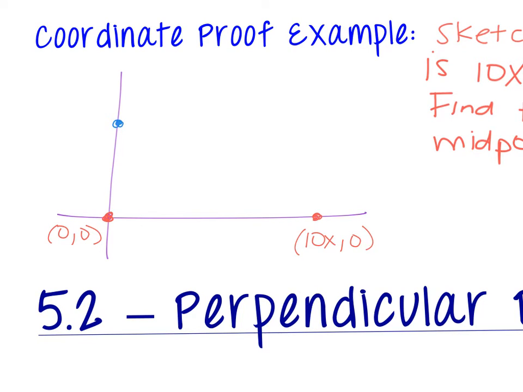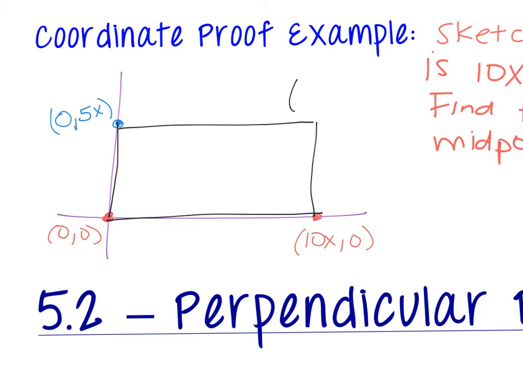Vertical was 5x, so I've moved up 5x. Which would make my fourth point what? Good, 10x, 5x. So I moved to the right 10x, I moved up 5x.